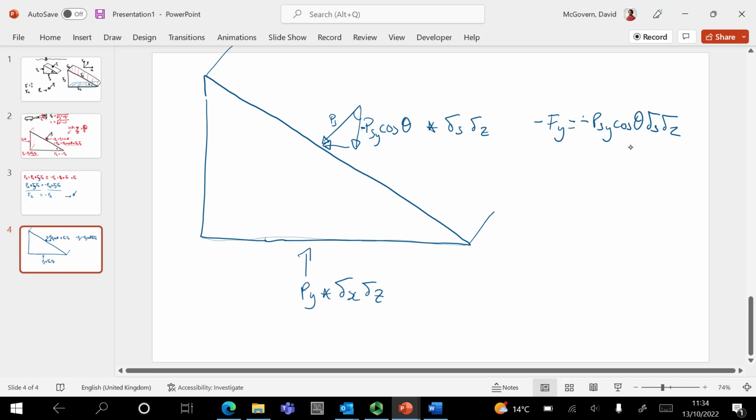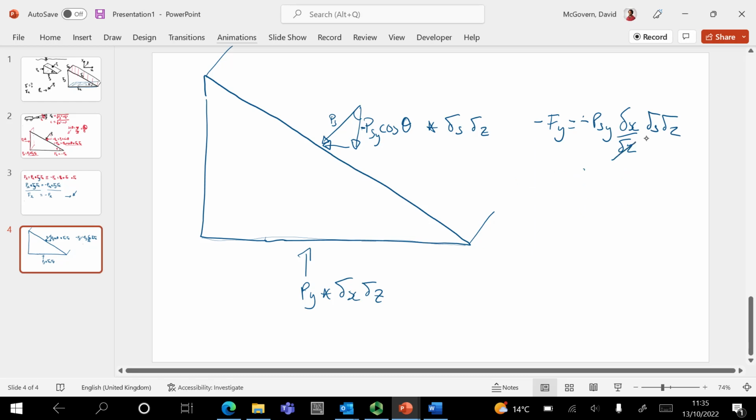Cos theta, we need to change that like we did with sine theta into the actual values, and in this case cos theta is equal to the adjacent side over the hypotenuse, which is equal to delta x over delta s. So cos theta becomes delta x over delta s.